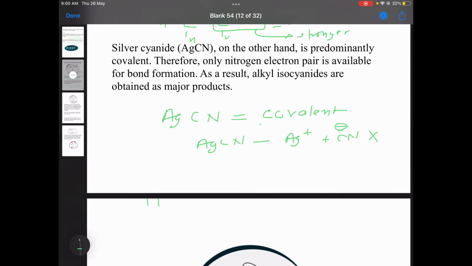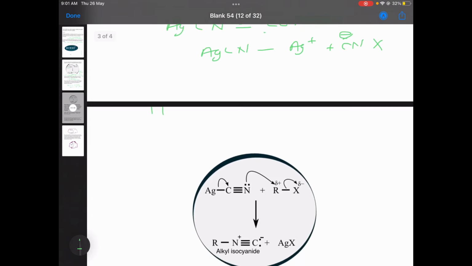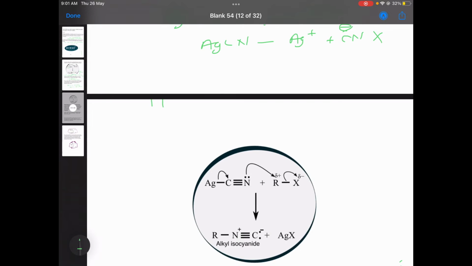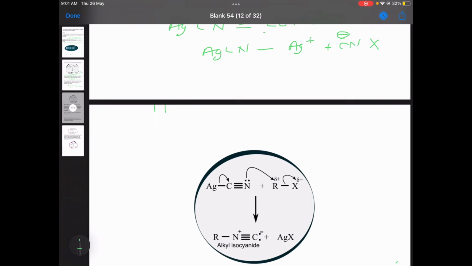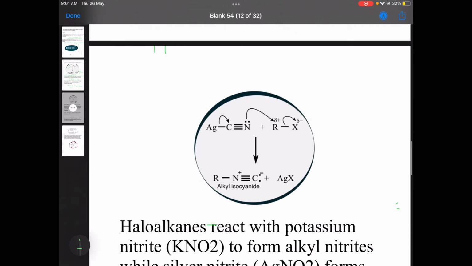So here the cyanide acts as an ambidentate nucleophile, and the nitrogen will start forming a bond with the alkyl group. Just see, you have C2H5Cl, and you treat this with AgCN.